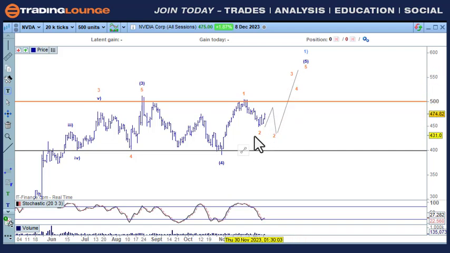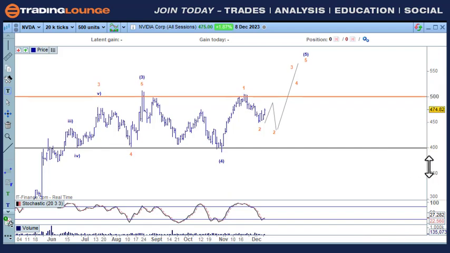Now I could be wrong, we have wave 2 already in place here, unless it screams up here. It looks like it wants to move up here, but you can always get a double bounce in these things. Indicators just help you double check that you're in the right direction, so to speak.